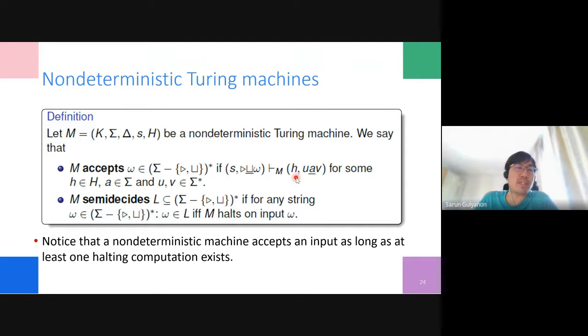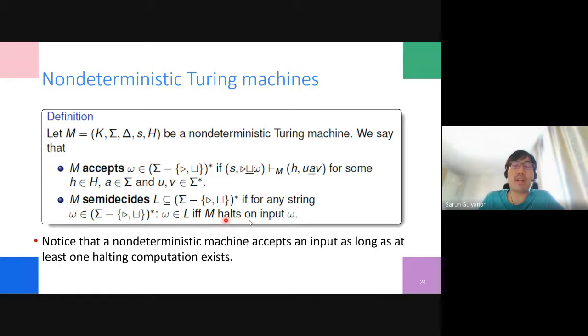For the semi-decide, we say this. For the semi-decide language, we say that machine M semi-decides the language L if for every string in the language, the machine M halts on the input.